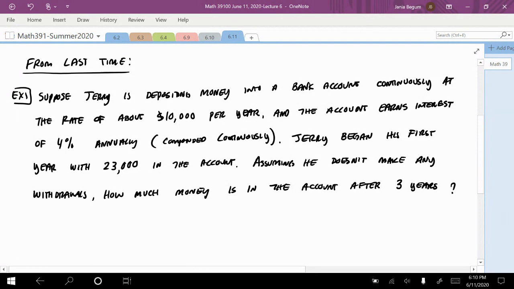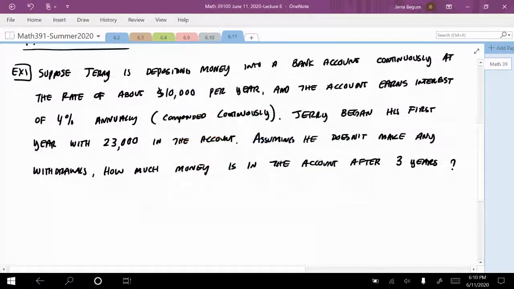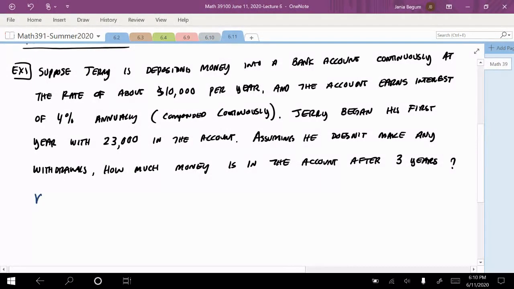We just want to set up the formula, and if you want to use a calculator to find the numbers, you could, but that's not going to be needed for this course. So let's set this up. Let's first write down what is given to us. The rate is 4%, so we're going to be using 0.04. And then what else do we have?